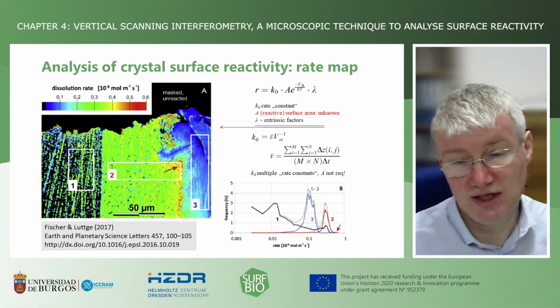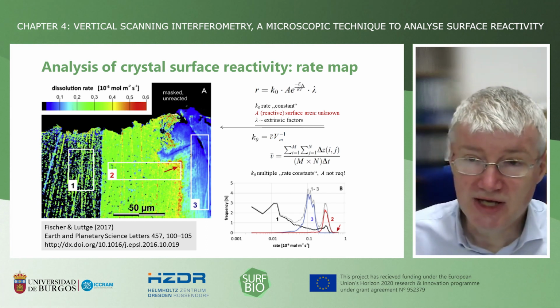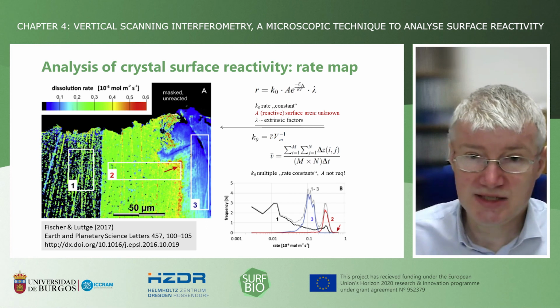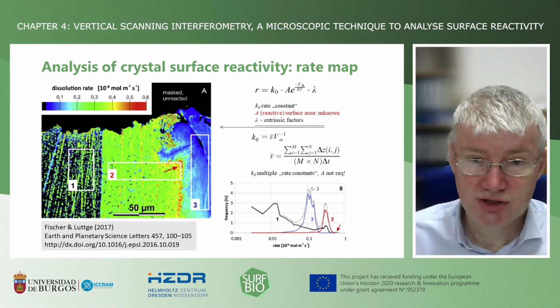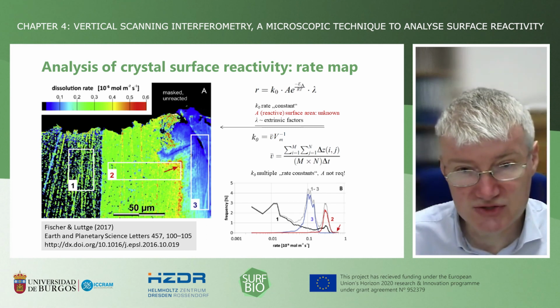With the technique that I discussed right now with you, we can circumvent this problem. We get height differences at each XY pixel. Height divided by reaction time ends up as velocity.